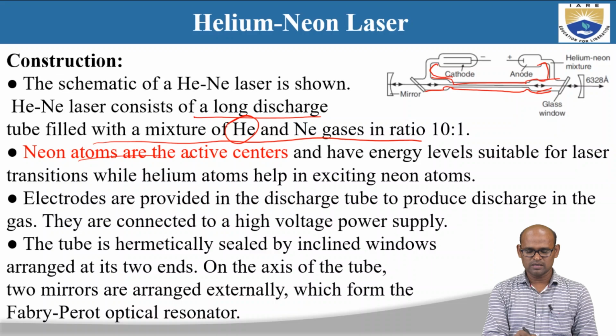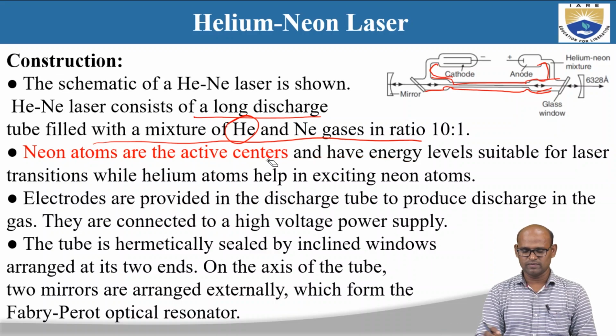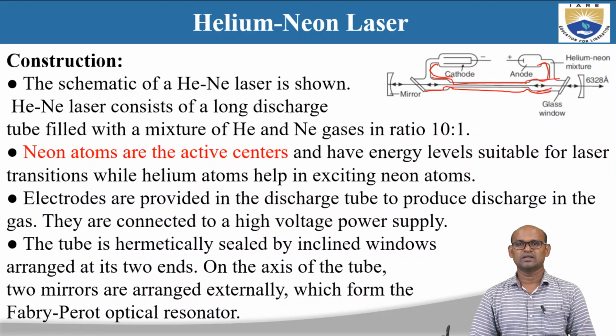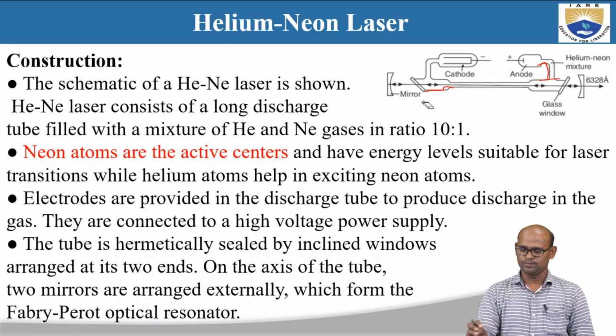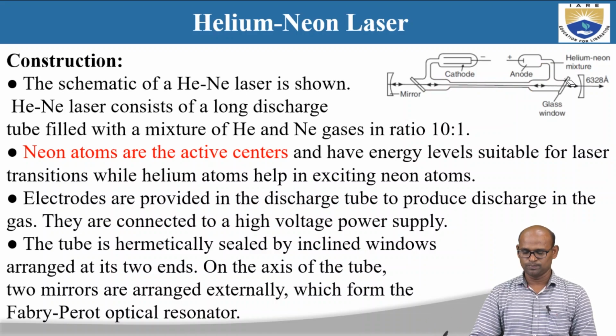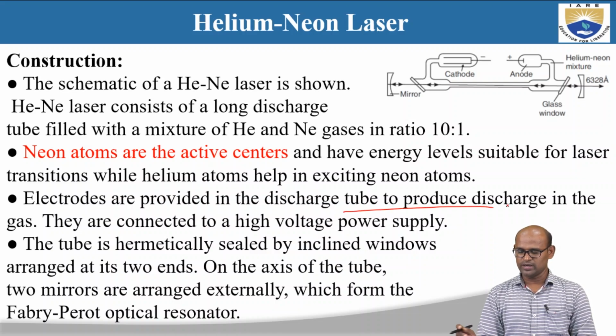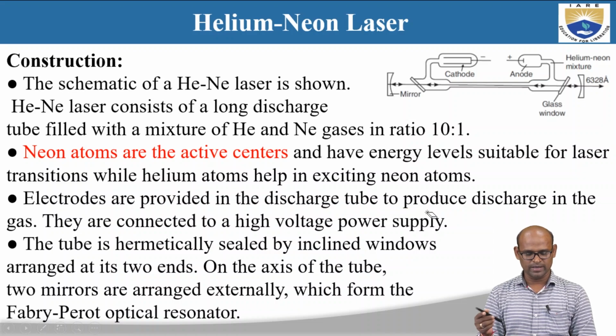Neon atoms are the active centers and have energy levels suitable for laser transitions, while helium atoms help these neon atoms to achieve population inversion. Electrodes are provided in the discharge tube to provide discharge in the gas. They are connected to the high voltage power supply.